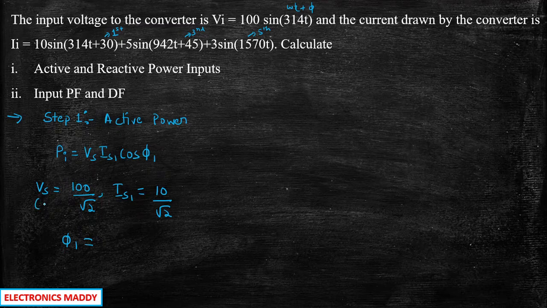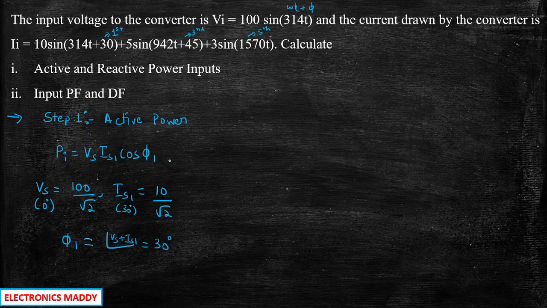With respect to Is1, if you carefully observe the first component, it is 30 degrees. If you calculate the displacement angle, the angle between Vs and Is1, you will get 30 degrees plus 0 degrees, which is 30 degrees. This is the fundamental displacement angle phi1.